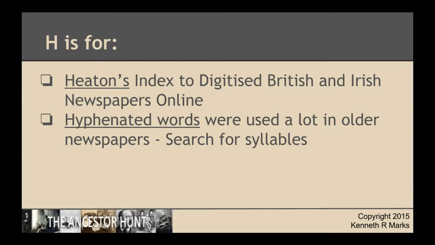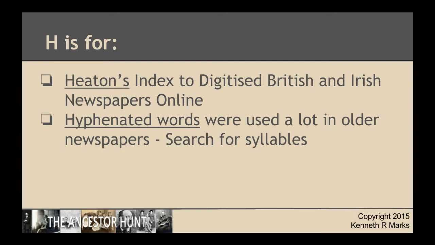Search for Jorgen. If you have a proximity search, search for Jorgen space S-E-N or Jorgen space S-O-N. Take advantage of the fact that you can find more stuff by searching for just one syllable or a combination of a syllable and another syllable with a proximity search.